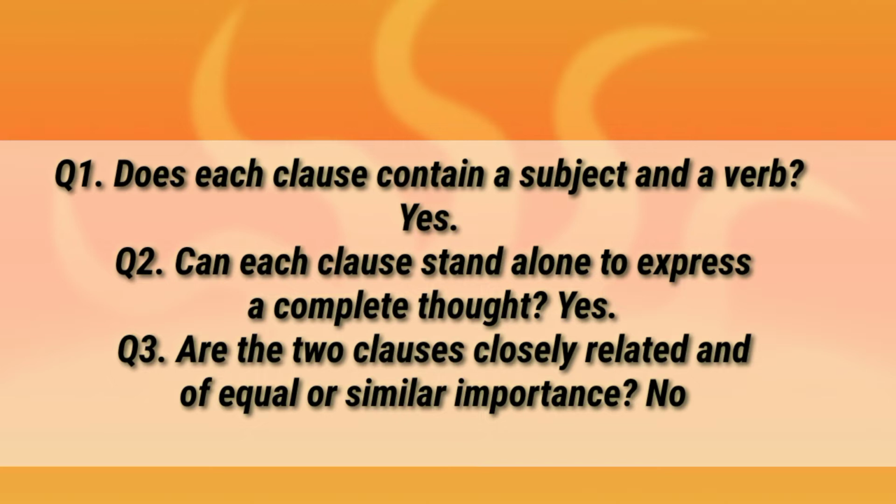Yes. Are the two clauses closely related and of equal or similar importance? No, they have nothing to do with one another. Because the answer to question 3 is no, the two clauses above cannot be joined as a compound sentence.